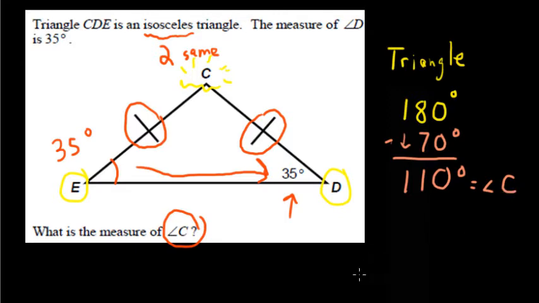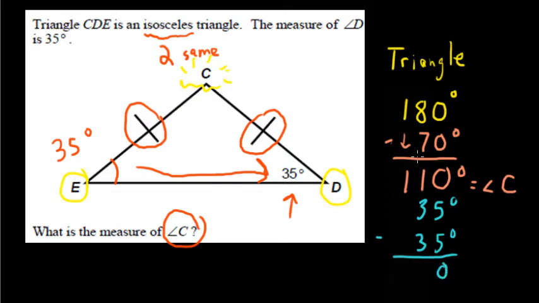Now I can double check my work. I can add the other two angles back just to make sure that I got the right answer. 35 plus 35, and 5 plus 0 is 10.